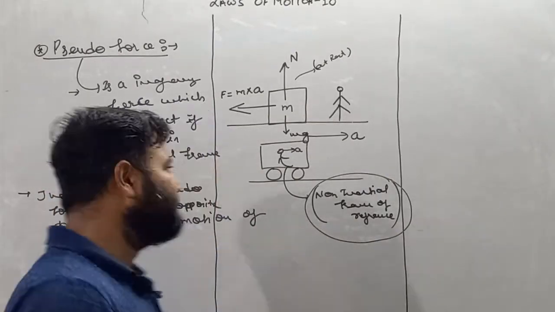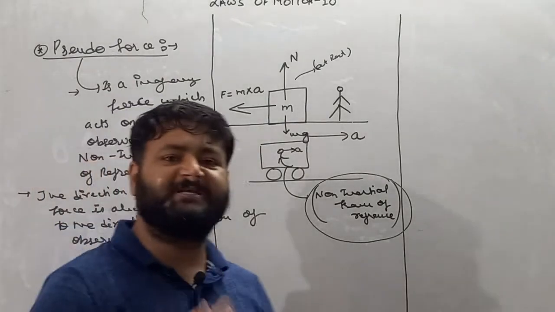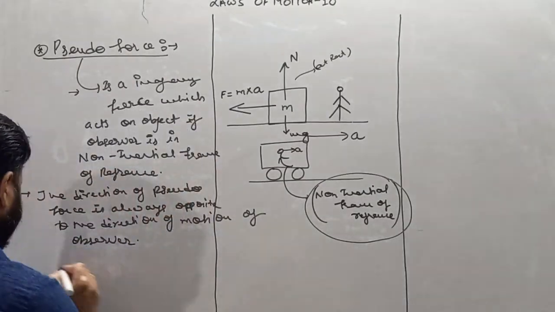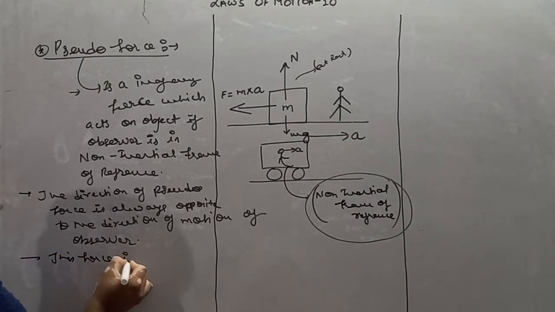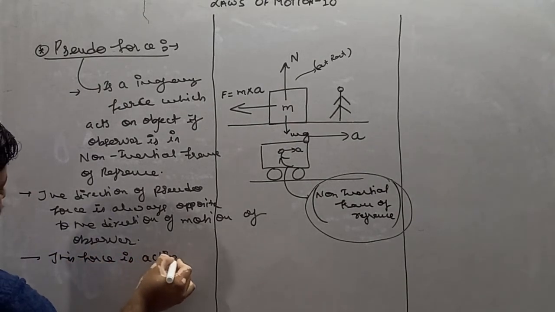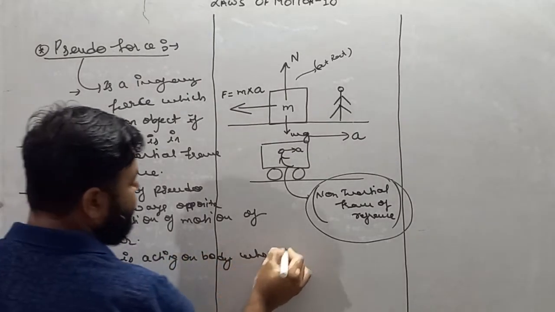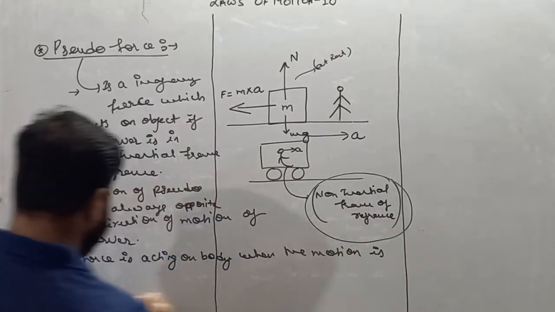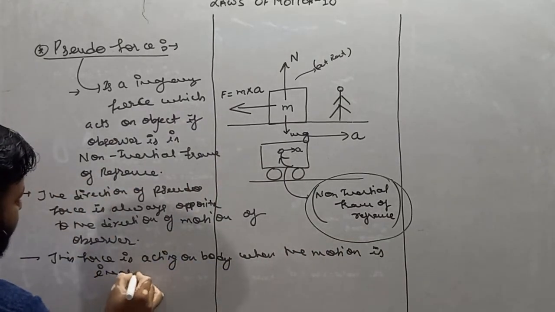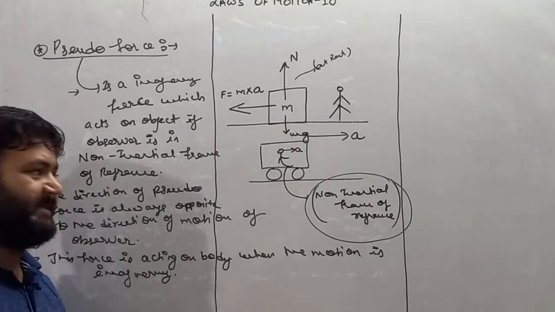So remember, my dear student, first thing, basically pseudo force is applicable when motion is imaginary. I'll write this point also. This force is acting on a body when the motion is imaginary. So remember this thing.